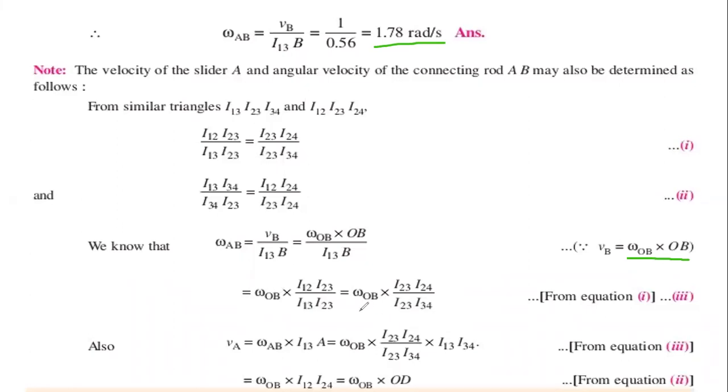So in total we got this equation, that is omega of OB into I23, I24 divided by I23 into I34. That is from equation 1.